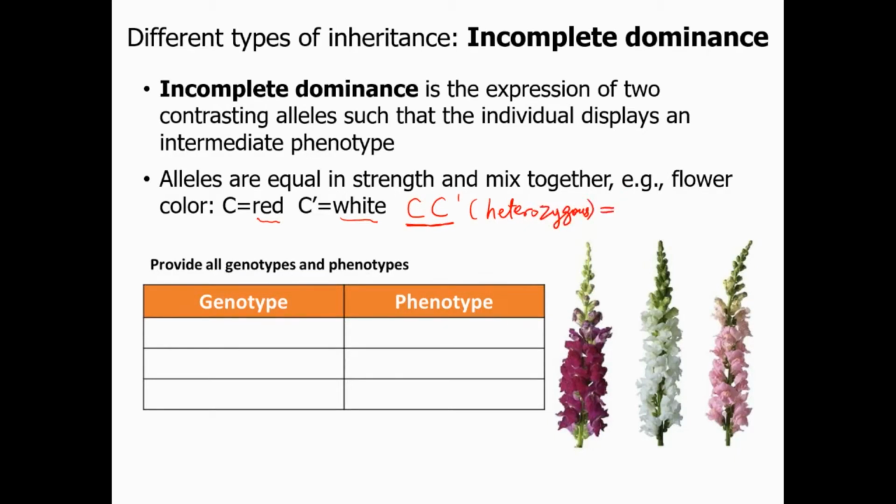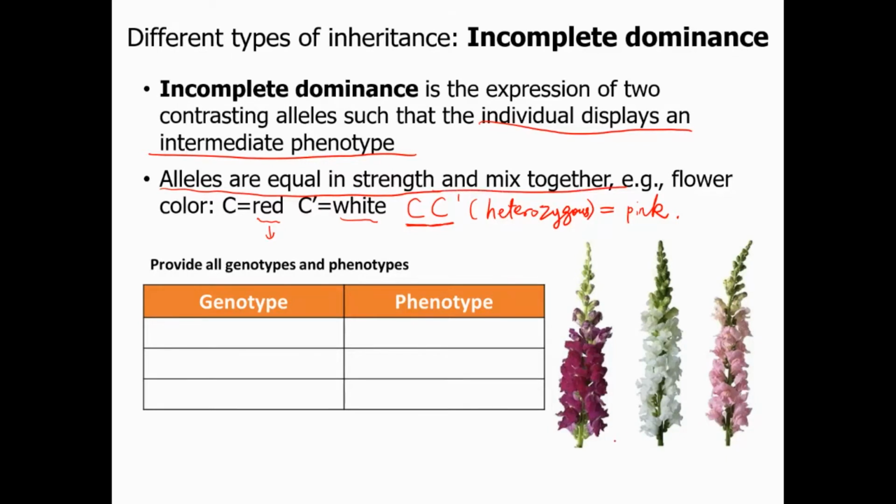So instead of a red, which is often the dominant trait in the previous examples we talked about, you will have a flower color that's intermediate between red and white. So in this case, it's going to be pink. All right. So here, the individual displays an intermediate phenotype. Because there's no dominant or recessive, all the alleles are equal in strength, and then they mix together.